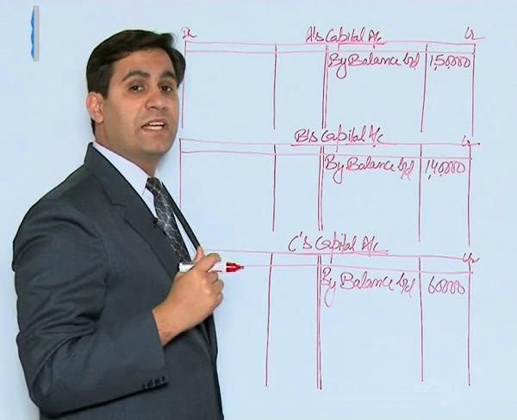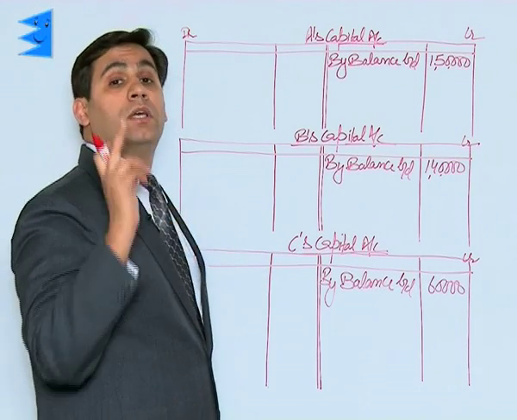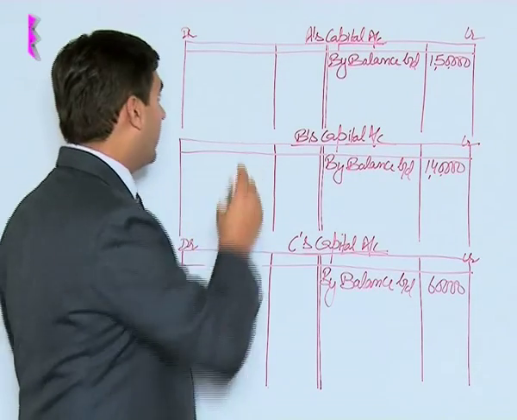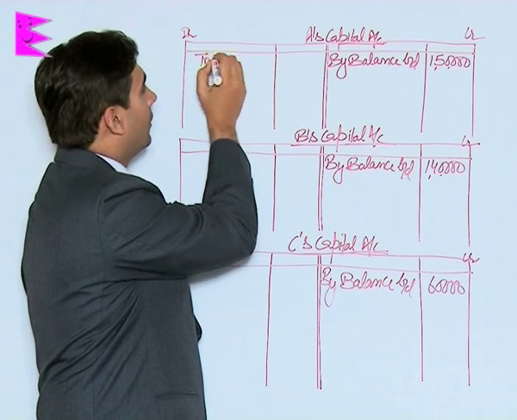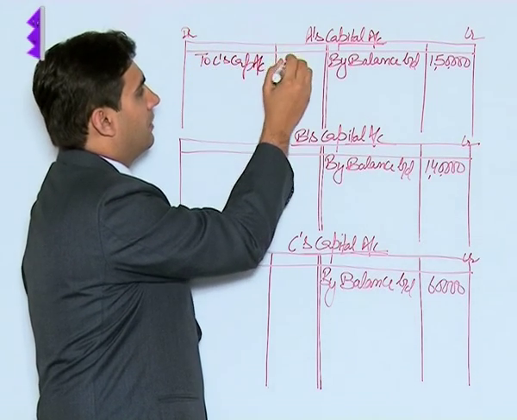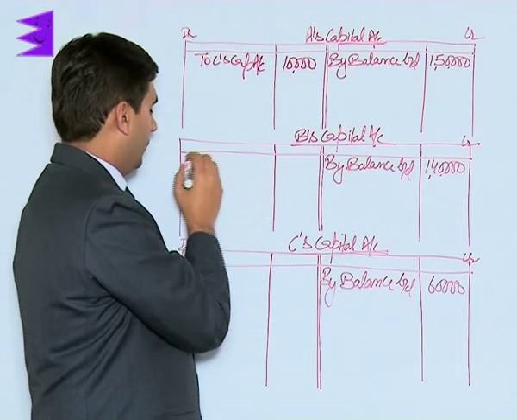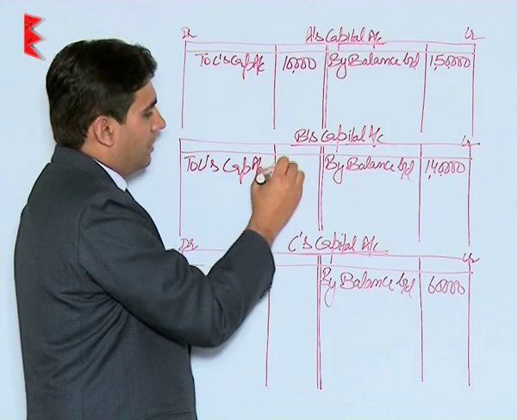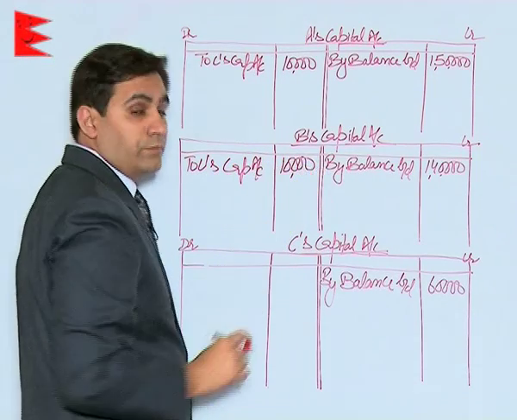Now students, the first entry that we did was for goodwill. The entry was A, B to C. So in that entry, A was debited to C's capital account, that is 10,000. To C's capital account, the amount is 10,000.